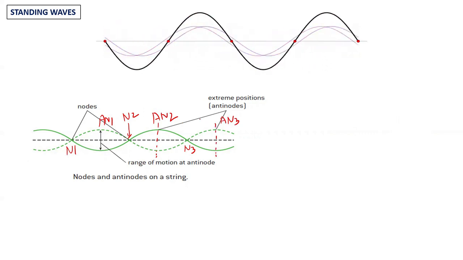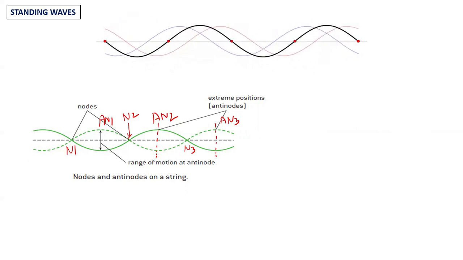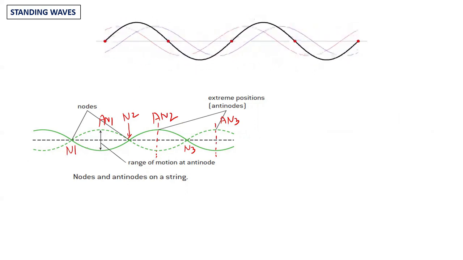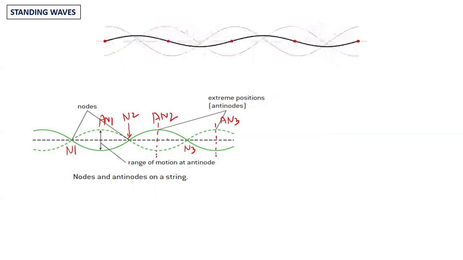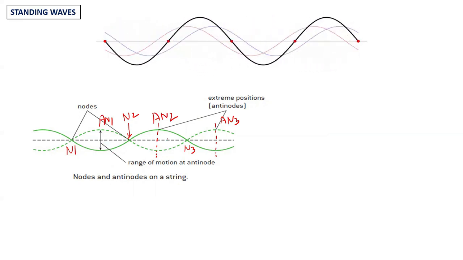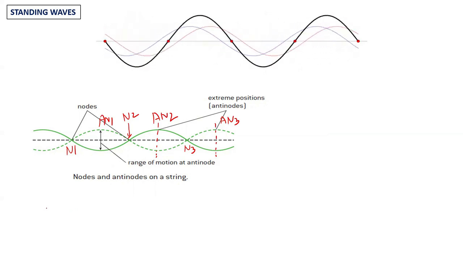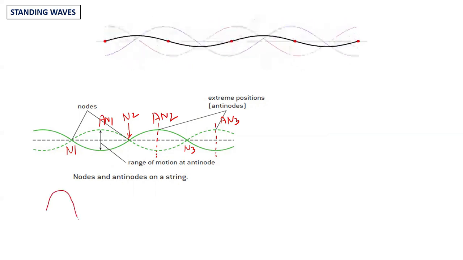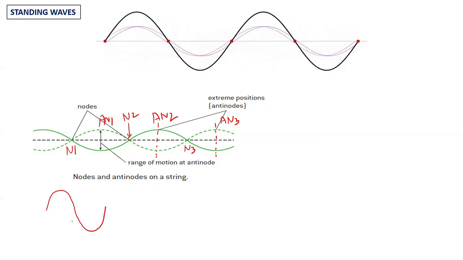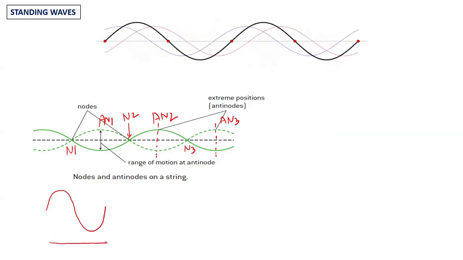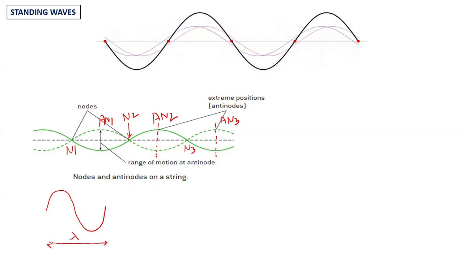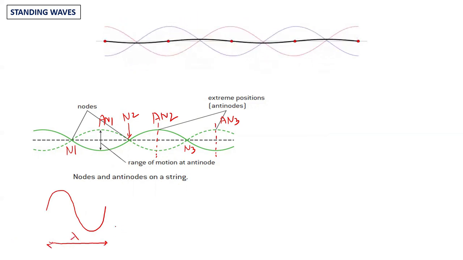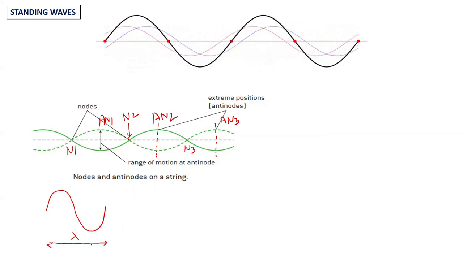Now, for the exams, it's important for you to know what is the distance between any two adjacent nodes or distance between any two adjacent antinodes. So the logic is simple. If I draw one particular cycle of a wave, we know the horizontal length of one cycle is called wavelength, lambda. So one full cycle corresponds to lambda.